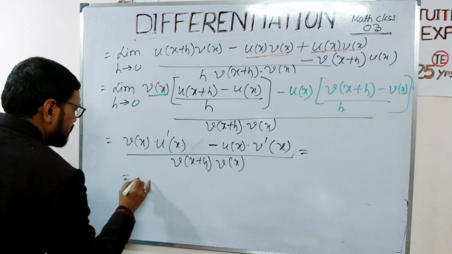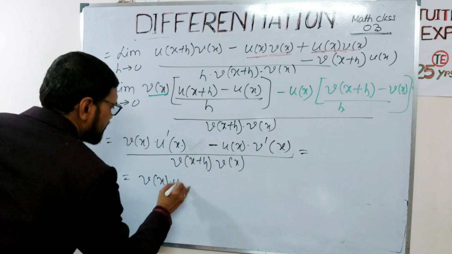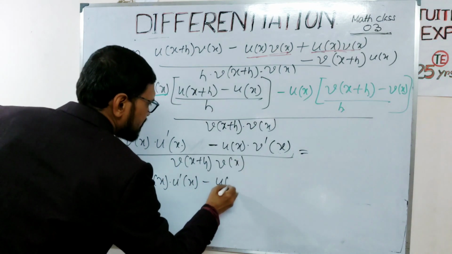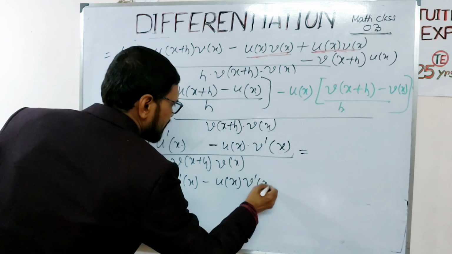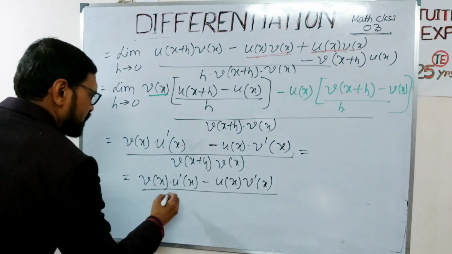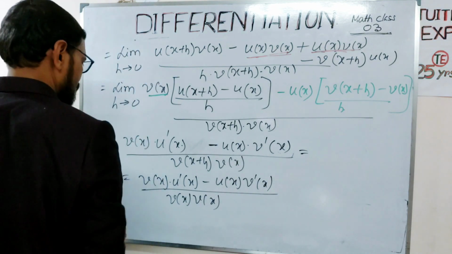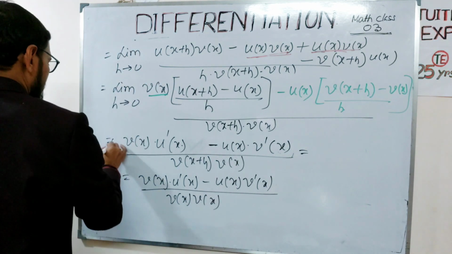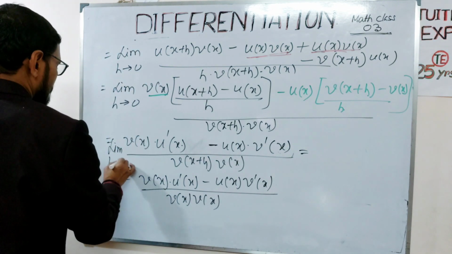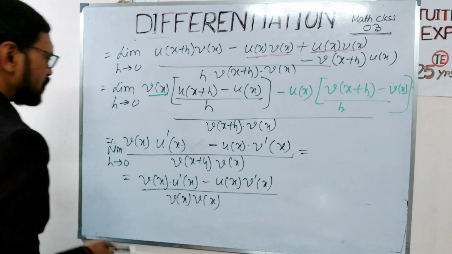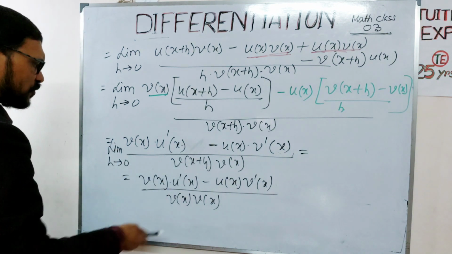Result is v x into u dash x minus u x into v dash x, divided by v x into v x. Here was limit h tends to 0, put h equal to 0, we get this.